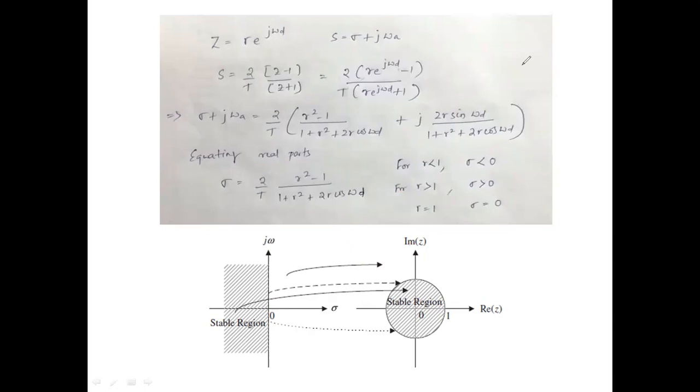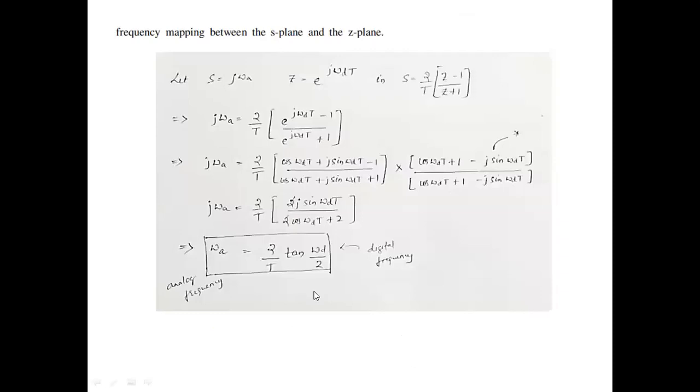The bilinear transformation seems to work, but we have concerns in the frequency mapping. Let us see what it is. The frequency mapping has a small issue. For this, let us keep the sigma out of it now, because the stability has been taken care of.